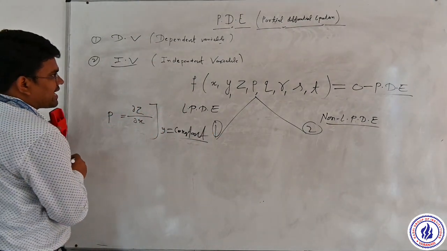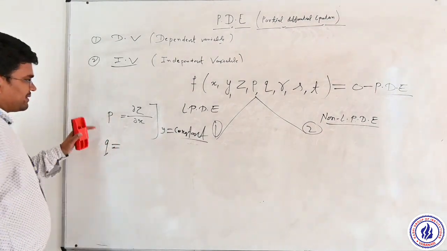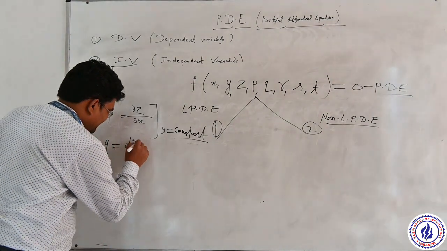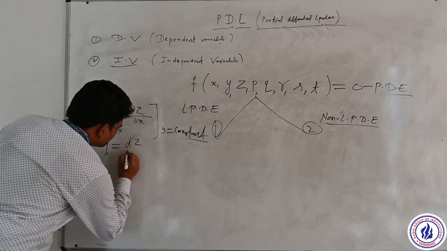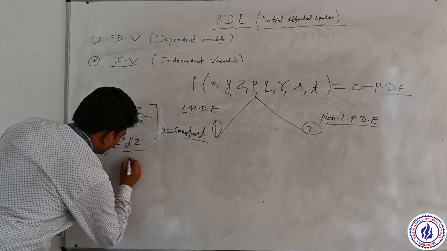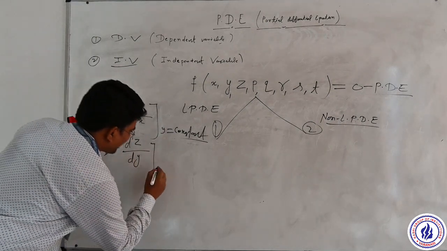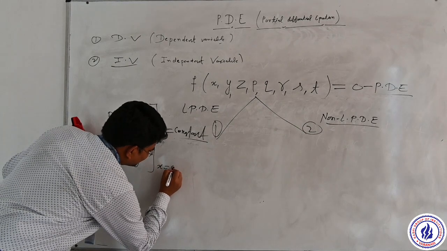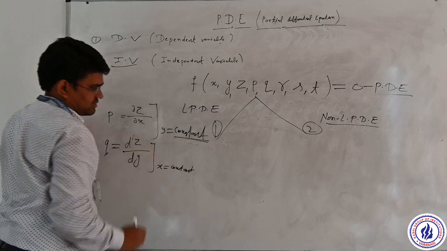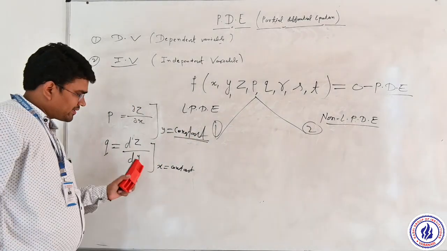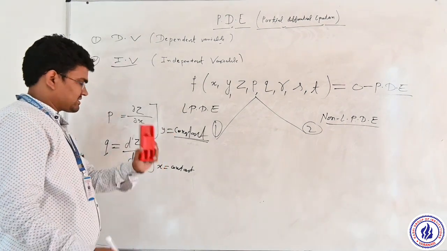Now again we have q, the dependent variable z differentiated with respect to y, treating x as a constant. It is very needful, so we write here x is a constant if your operation is going in y.